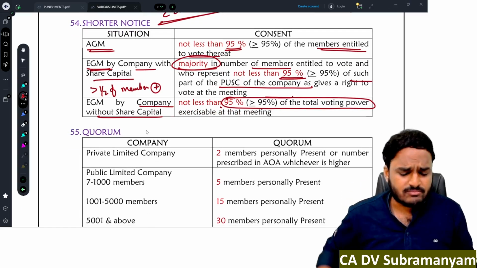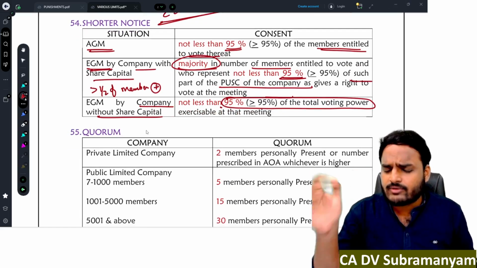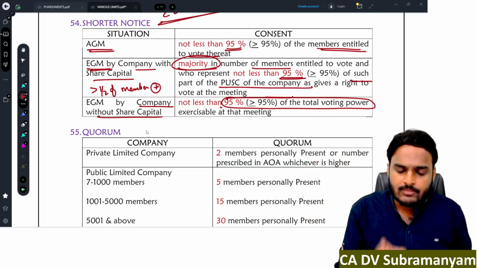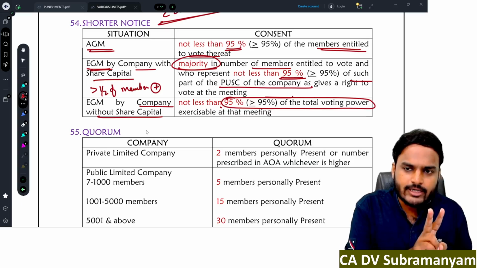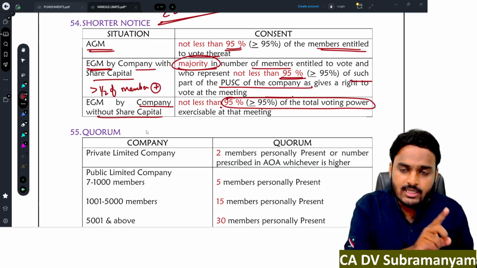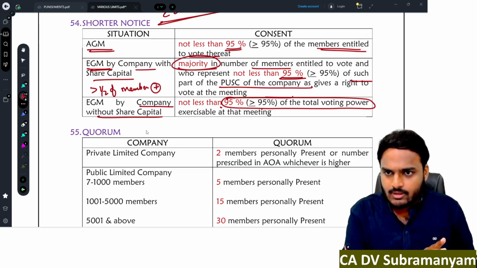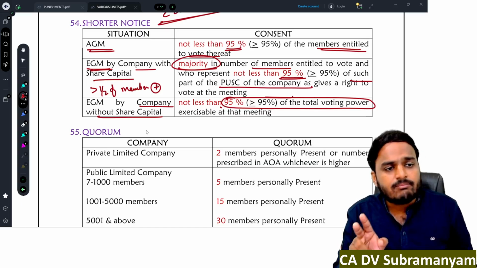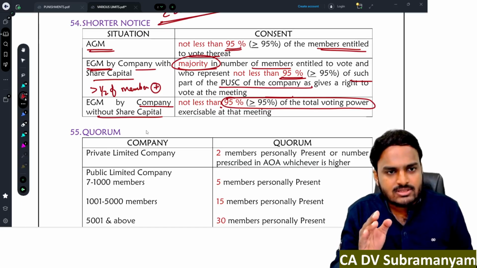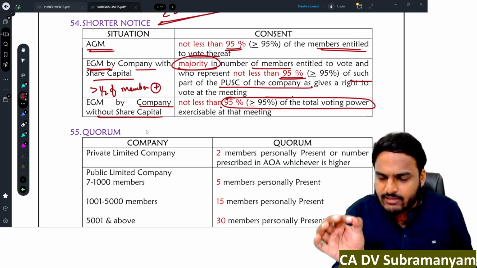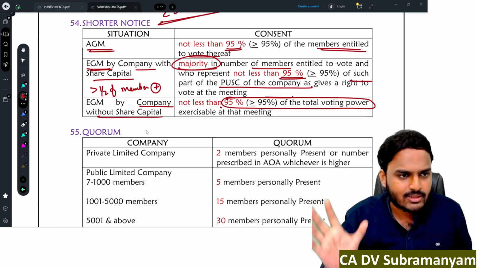If it is AGM, forget about company with share capital or without share capital, 95% of members. EGM, company with share capital, two conditions: more than half of the members representing at least 95% of capital. Next one, if it is EGM by company without share capital, just ignore number of members, only one condition, that is 95% of total voting power.